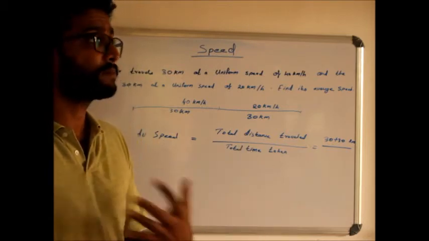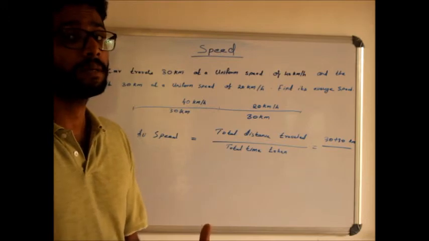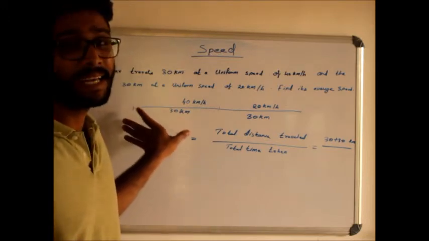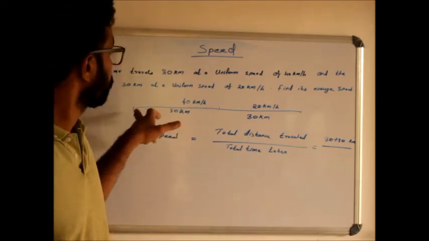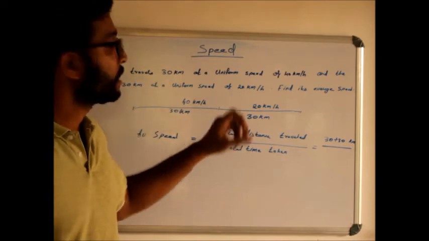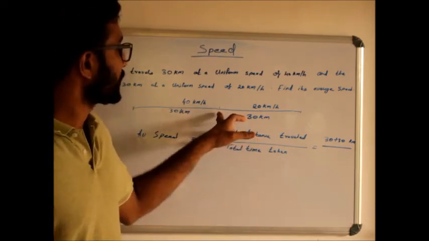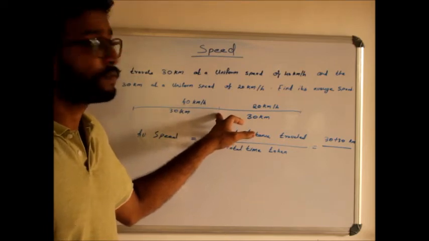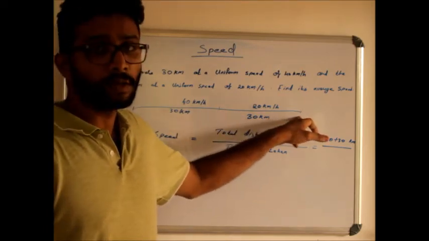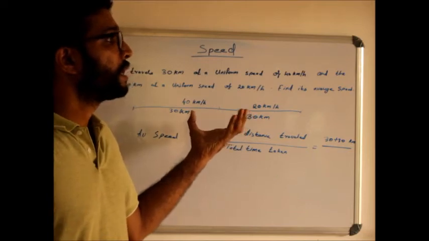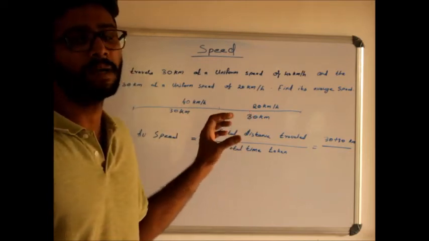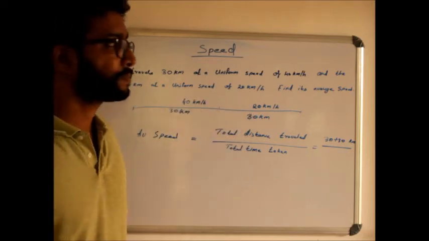We can find the total time taken by finding the time taken for the first 30 km and then finding the time taken for the next 30 km, and by adding those two times we will be able to get the total time taken.